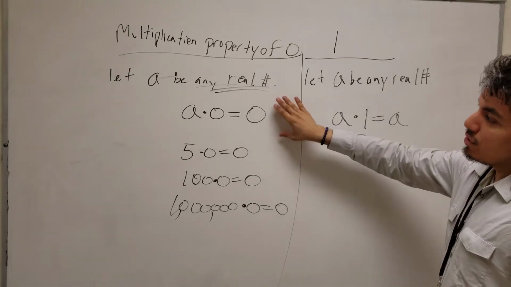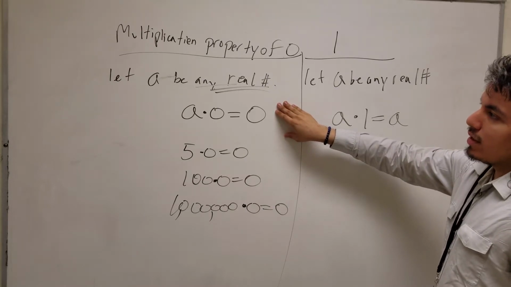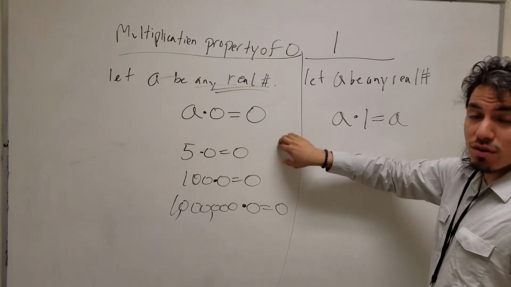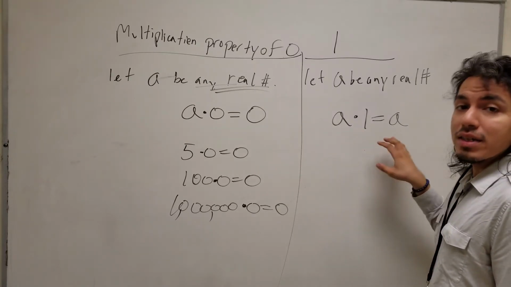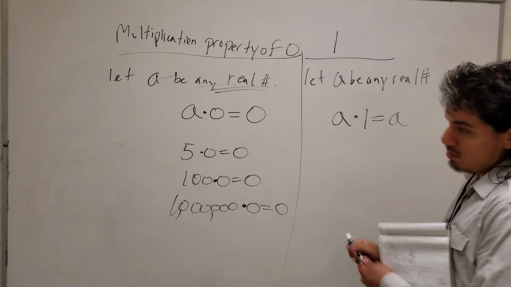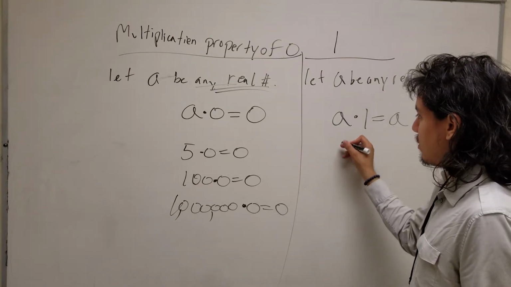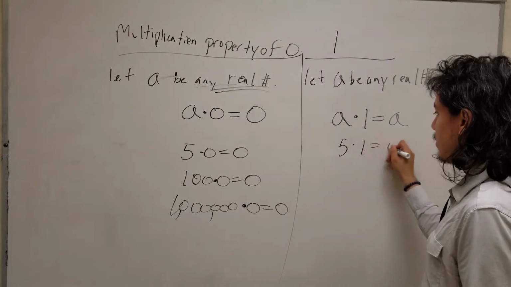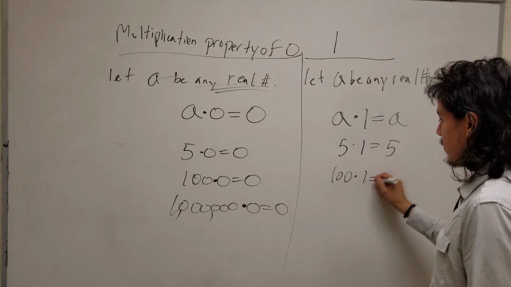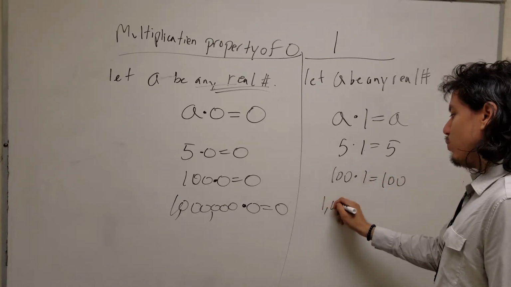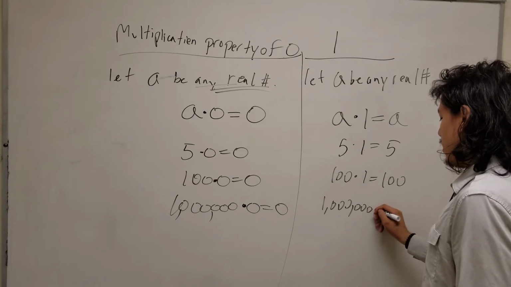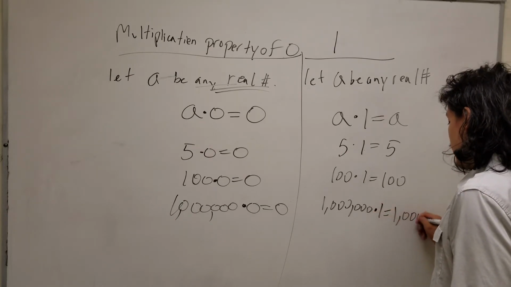So the definition states that 0 multiplied by any number is 0, and 1 times any real number gives me that number. We'll use the same numbers for convenience: 5 times 1 is 5, 100 times 1 is 100, 1 million times 1 is still 1 million.